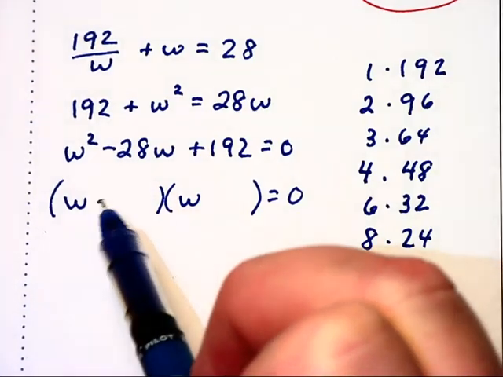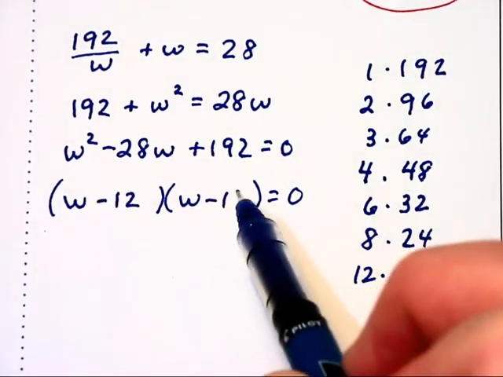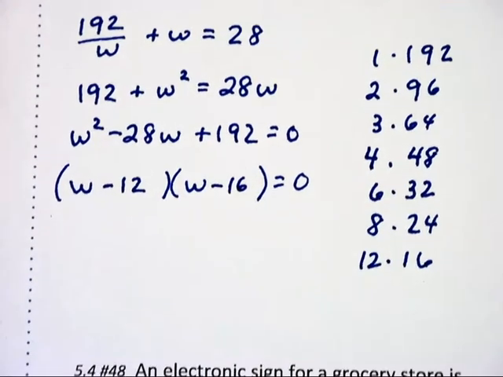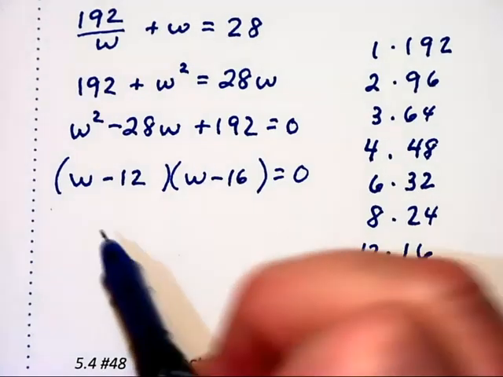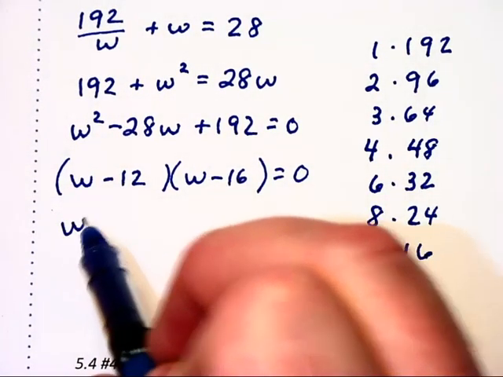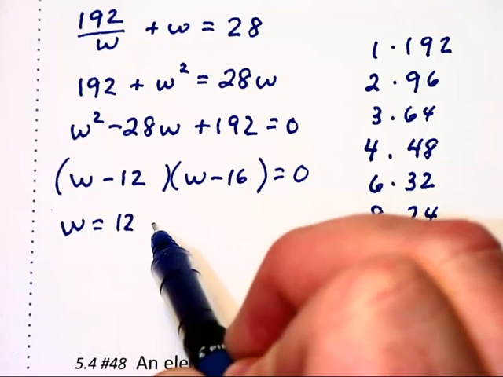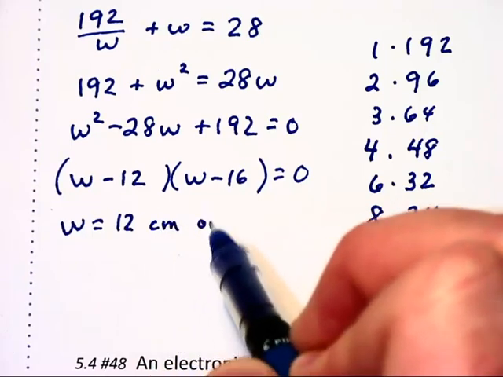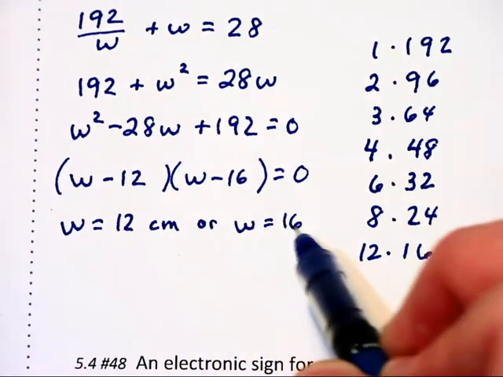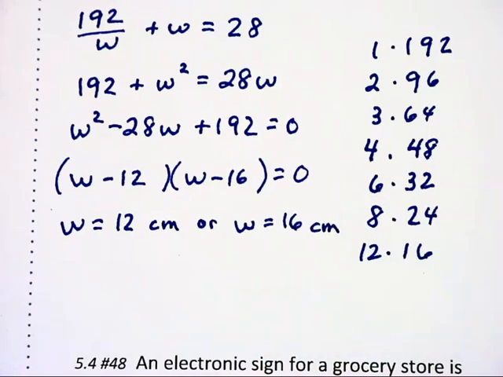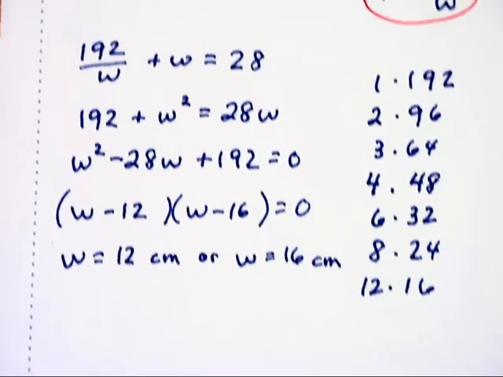We're going to have W minus 12 and W minus 16. Hopefully your numbers aren't that bad when you do a problem like this. And we find that W equals 12 centimeters or W equals 16 centimeters. Okay, let's go all the way back up to the top here.